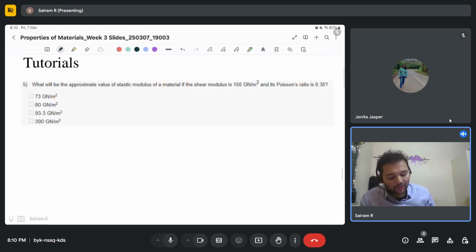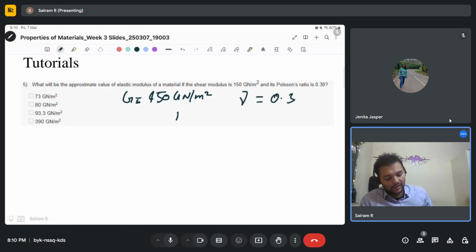What will be the approximate value of the elastic modulus of a material if the shear modulus G is 150 giganewton per meter square? We know the Poisson's ratio is 0.3.